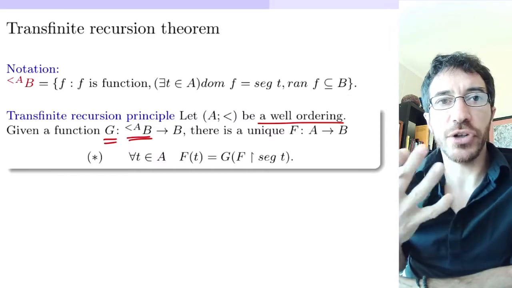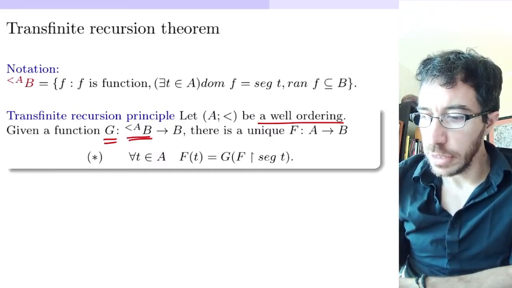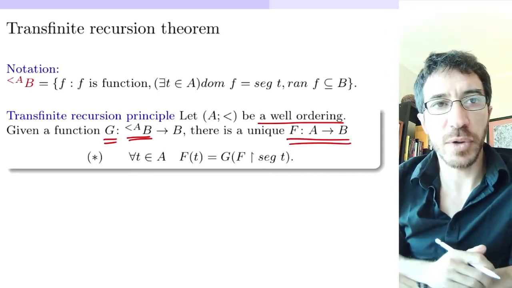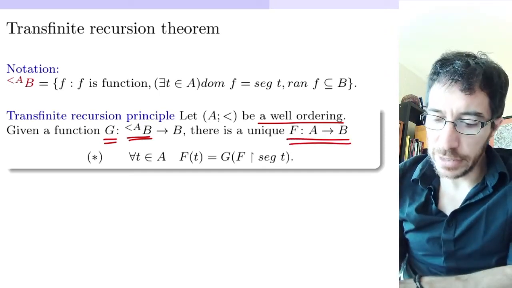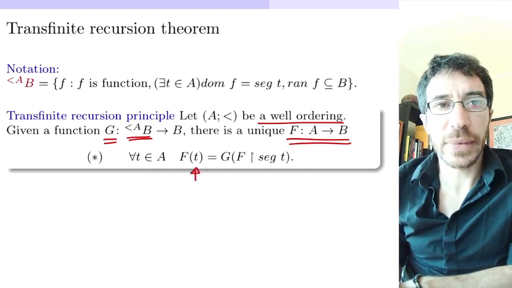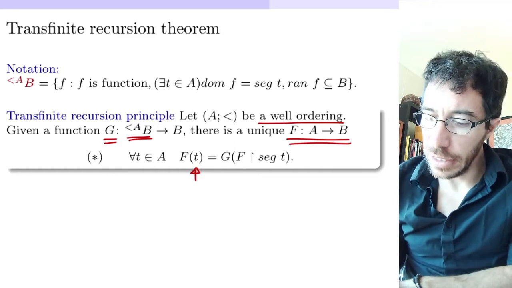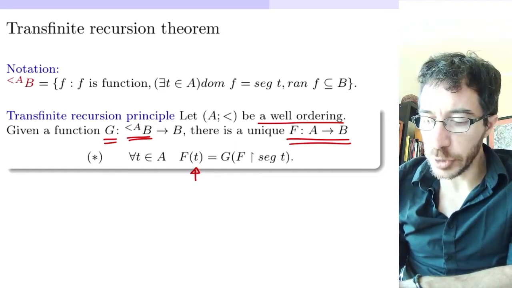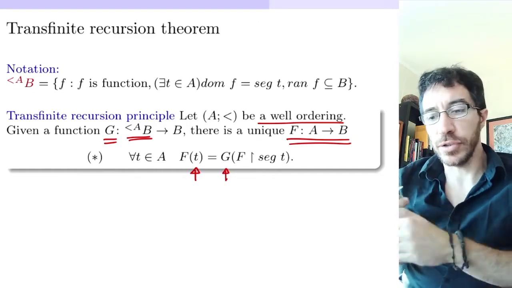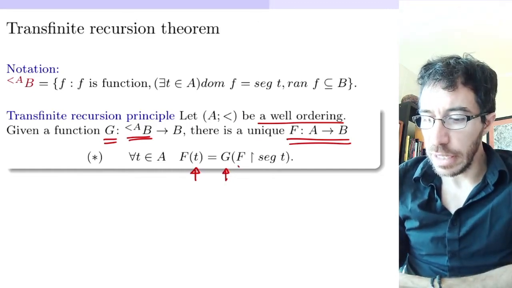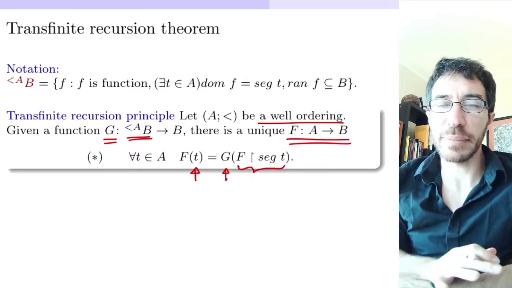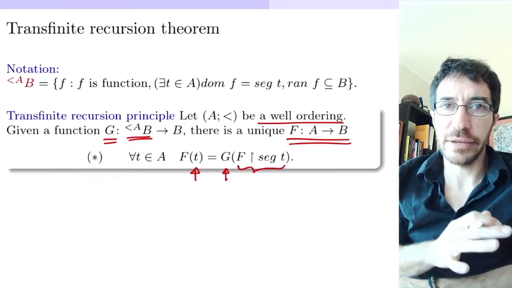And given that, what you get, this is the object you're building, is this function f from a to b. That's what you want to build, which satisfies that at t, f(t) is equal to what you get by applying this procedure g to the restriction of f to the previous values, right? So remember, this means f restricted to the previous values. You forget about the values of f below.